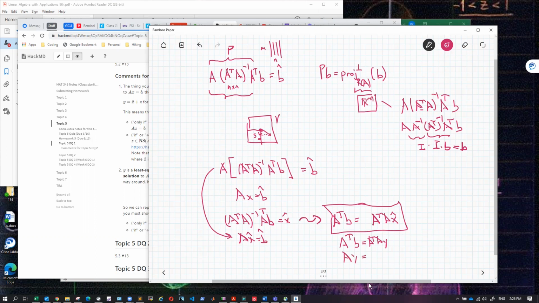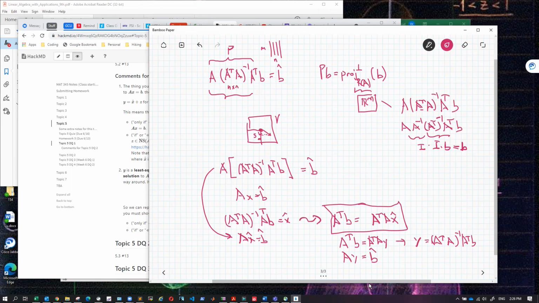Then I can move this over and say that y equals (A transpose A) inverse A transpose b. And so when I do A of y, I'm still going to get b hat, because I'm seeing this thing up here.